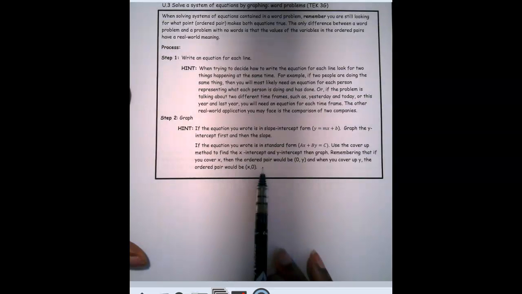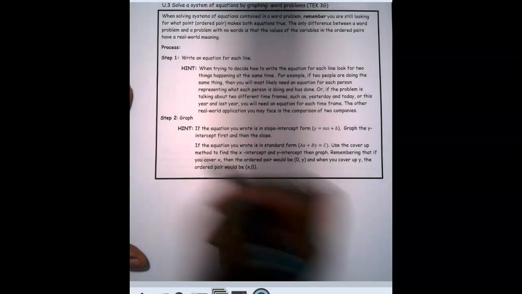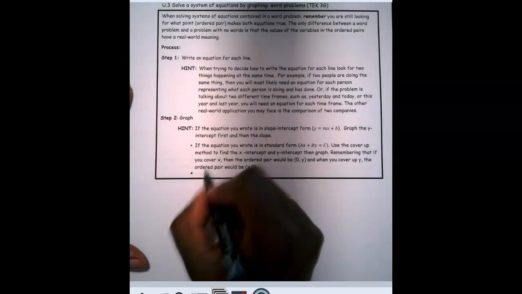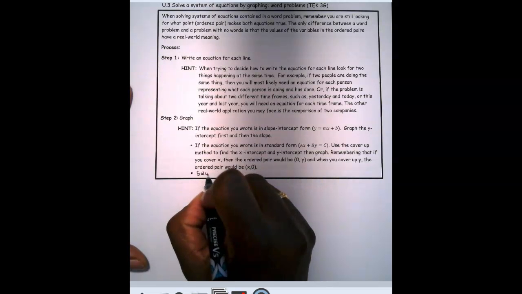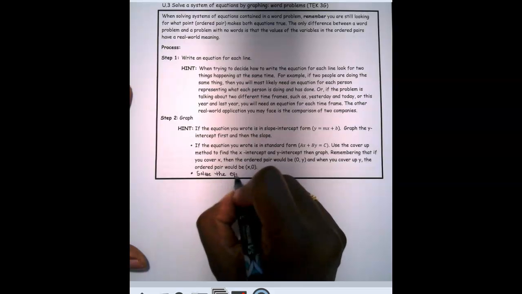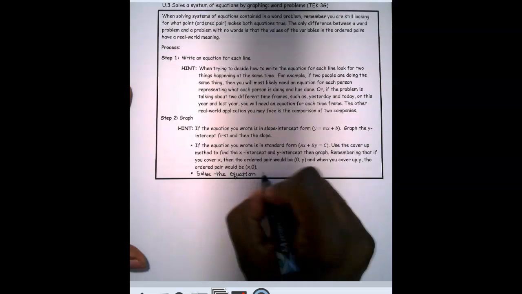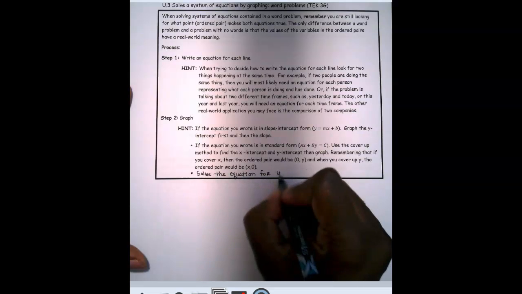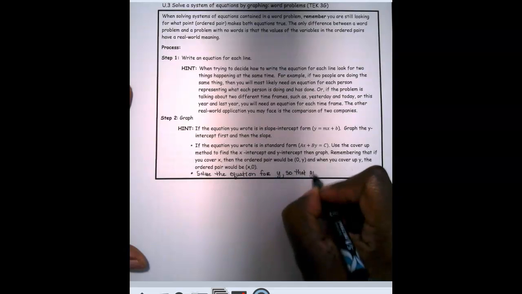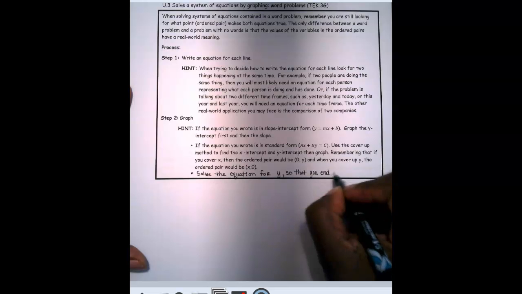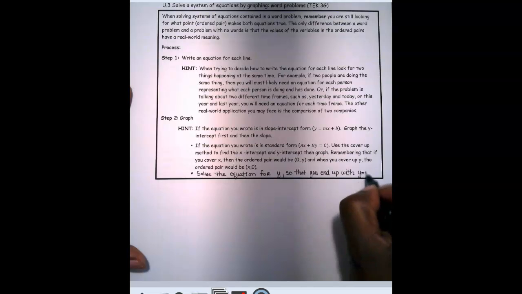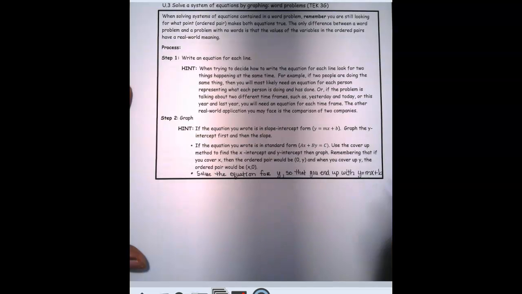Now I will also add a caveat here. This is not the only way you can do it. The other way you can do it is solve the equation for y, so that you end up with y equals mx plus b.